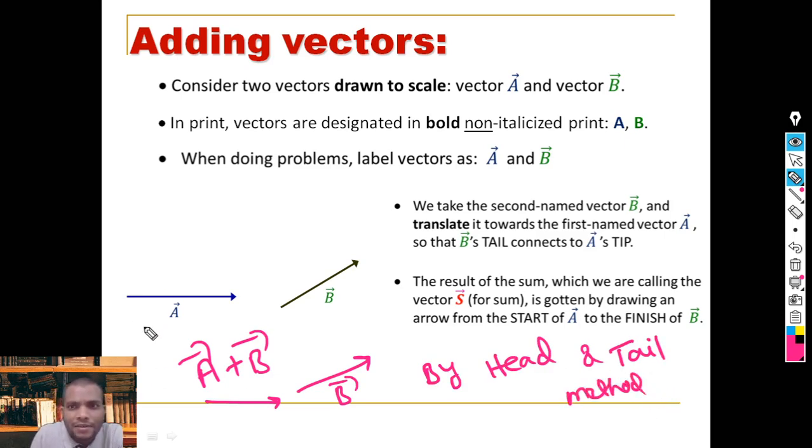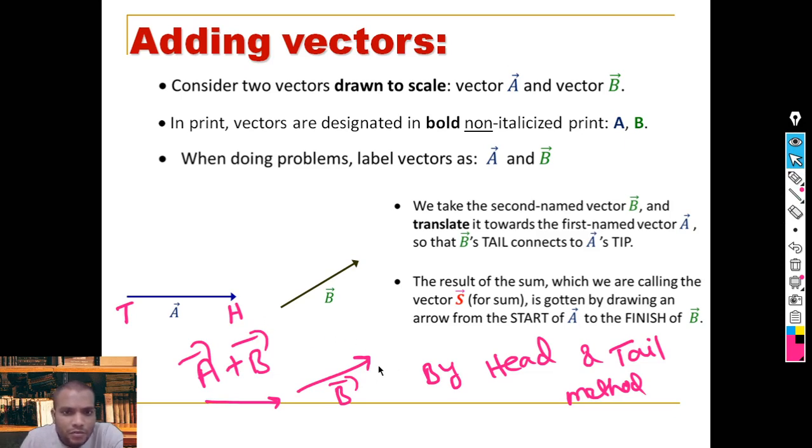Each vector has its head, so this arrow mark represents the head and the back side represents the tail. Now, to add two vectors, the second vector's tail should be brought to the first vector's head.